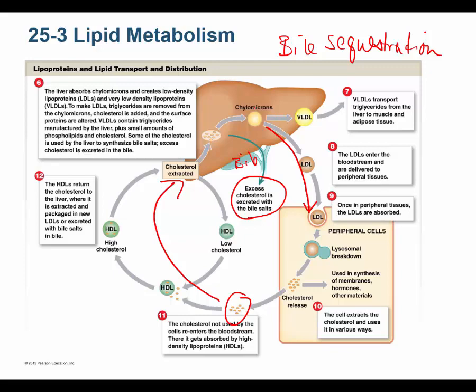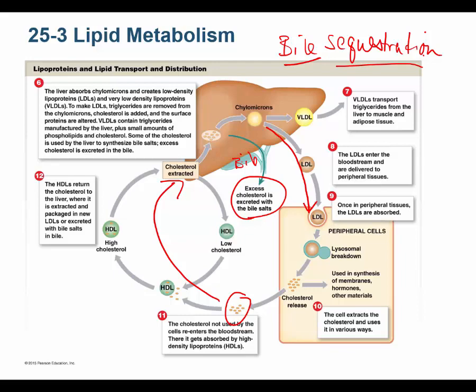But what if I take a drug that is a bile sequestrant? It sequesters or chelates bile and doesn't allow it to do its job. It allows it to go to the duodenum, but it sequesters it. Well, then the lipids stay in the duodenum longer, which leads to more CCK, which leads to more bile production.